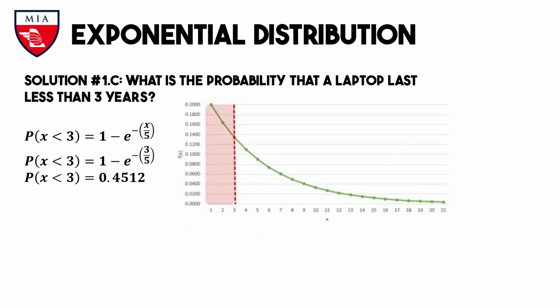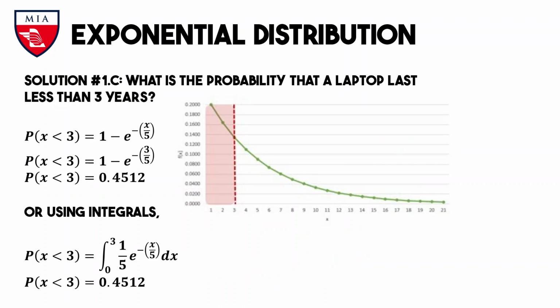Solution 1.c. What is the probability that the laptop lasts less than 3 years? This probability is x less than 3. Therefore, we can use this integral, like I said.